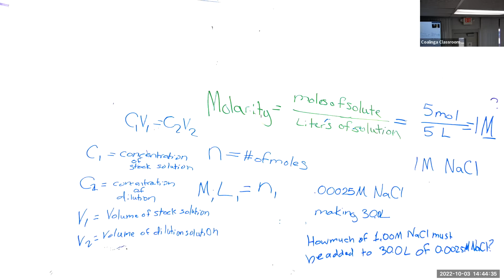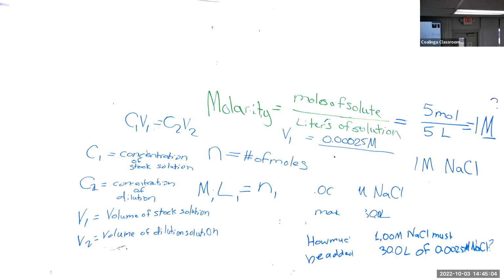Are we looking for V1? That's right. We just plug them in, all the other factors, and it's all for V1. That's right. And then the 0.00025 making 30, that would be on the right side, on the 2. So okay. Solve for V1.